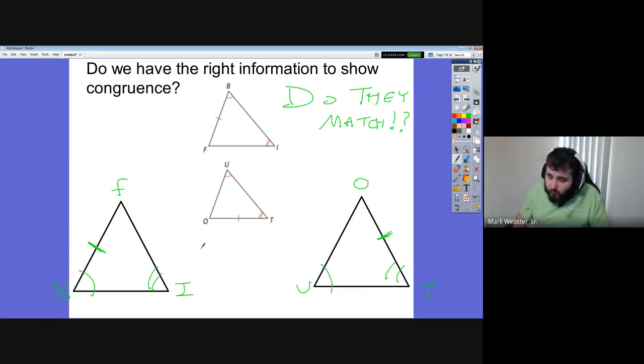Now, for those of you who have taken chemistry, the really great thing about angle angle side is it actually displays what we call handedness or chirality. This is a chemistry term. You'll find certain organic compounds, even though they have the exact same information, they're set up backwards from each other.